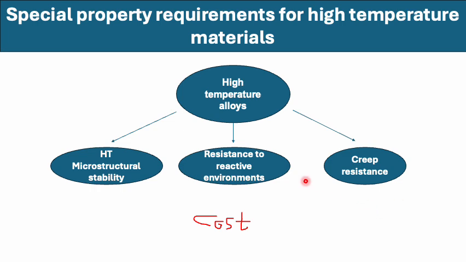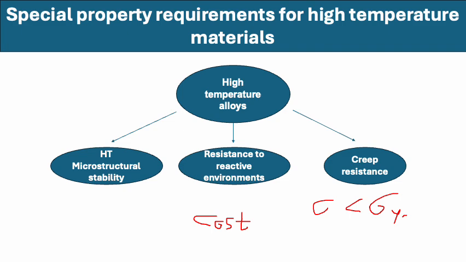As I mentioned earlier, we need resistance to creep, because creep is a huge problem at high temperature. Creep happens at constant load, and it can happen much below the yield point. So you are not expecting the material to deform under normal conditions, but if you apply a stress that is less than the yield strength, even sometimes 10% of yield strength is sufficient for creep to occur.